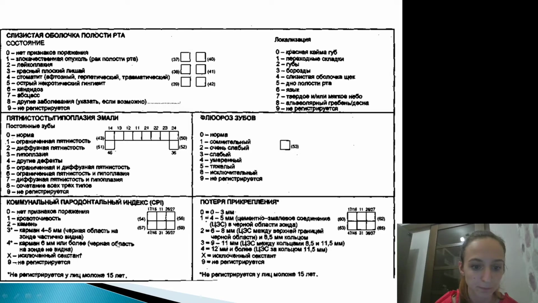And it is a periodontal index. And here you should know about the cement and enamel joint of the teeth. Here we write about gums.